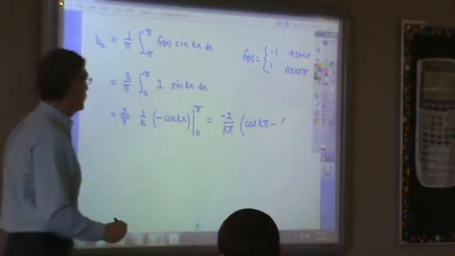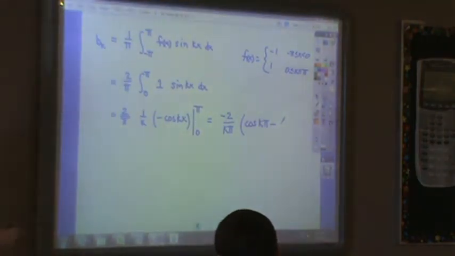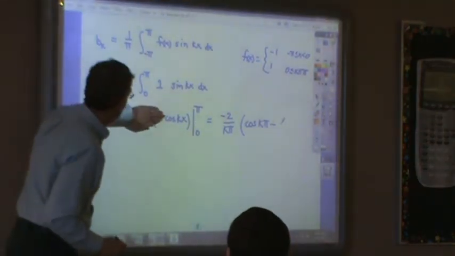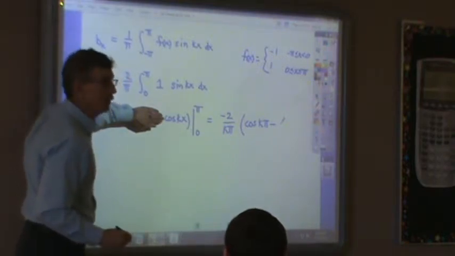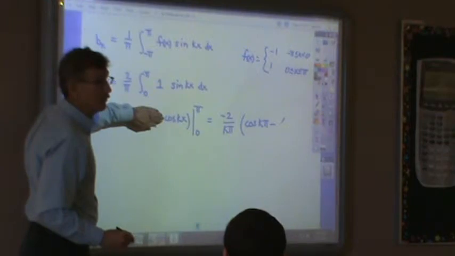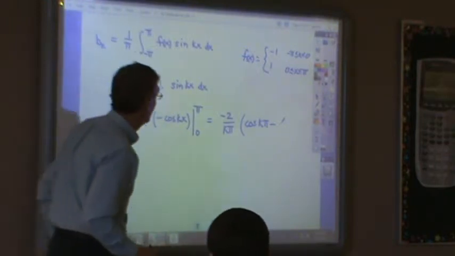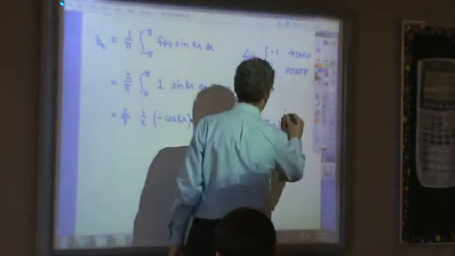And what happens at the lower end? I've already taken care of the minus sign, so this is all we're doing. At the lower end, cosine of 0 is 1. So we subtract off 1.